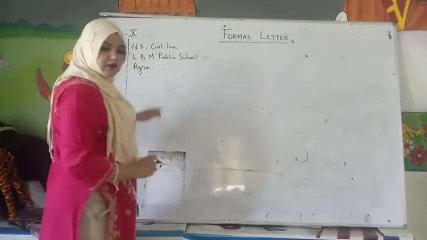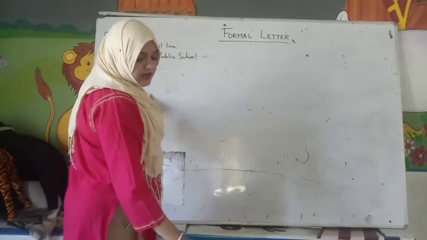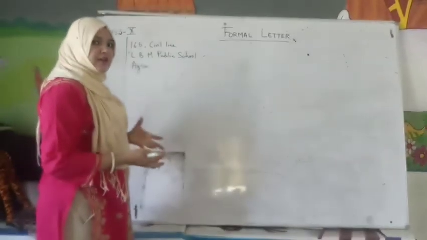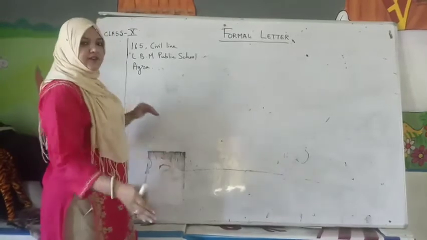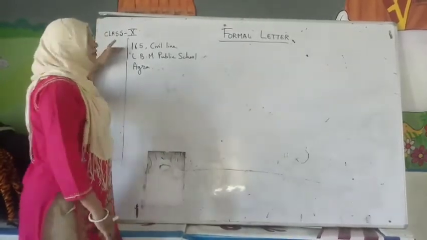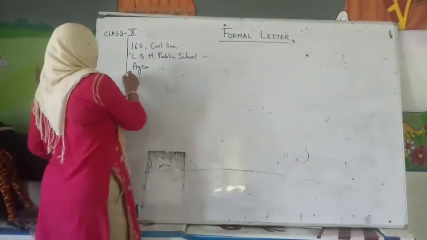Understood? This is your address. There can be a little change. If you want, you can omit this part also. But if you write it, it is better for you, because there won't be any mix up. You will not get confused. Whatever is given, write that. So you have your address. Then you will leave a line.